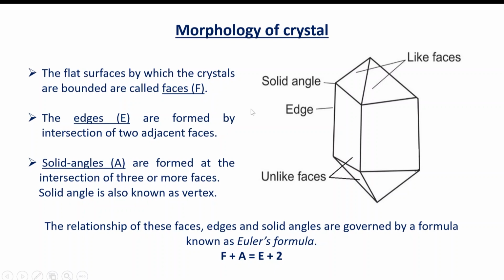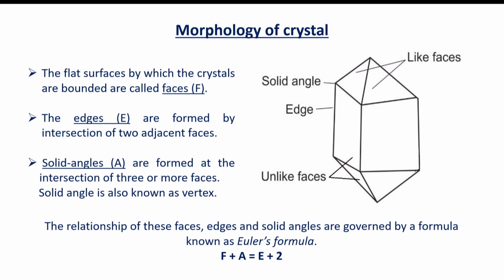So this equation you can apply from time to time for both theory and practical purposes, and you can check whether your assessment of the number of faces, or the number of solid angles, or the number of edges is correct or not, because crystals are not always as simple as a cube.